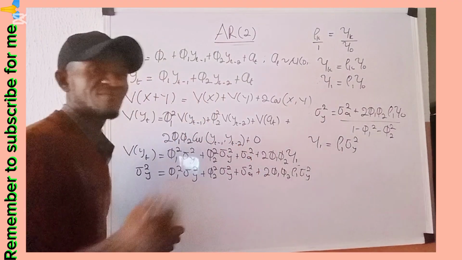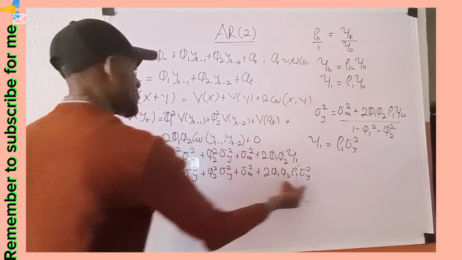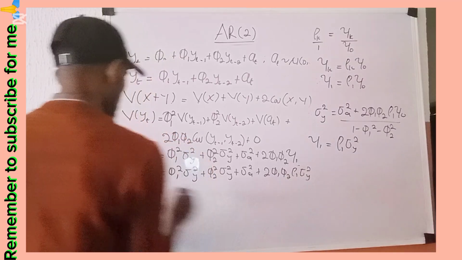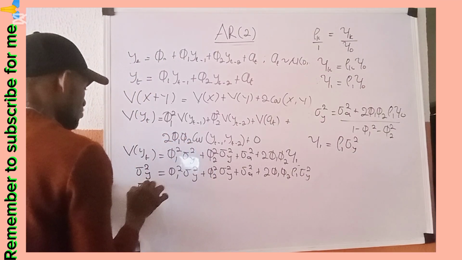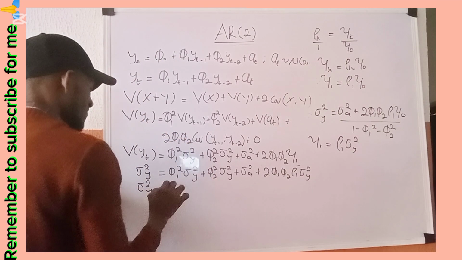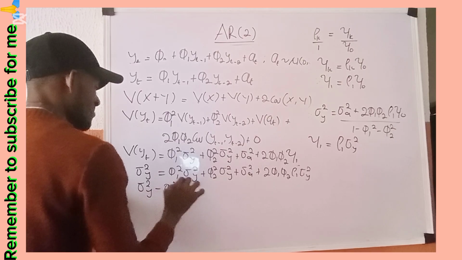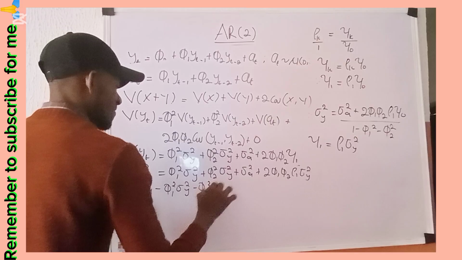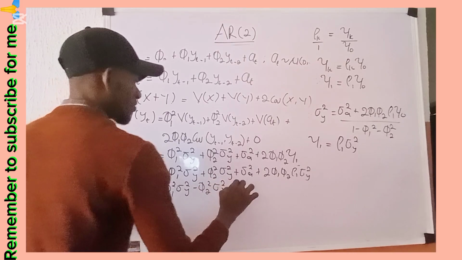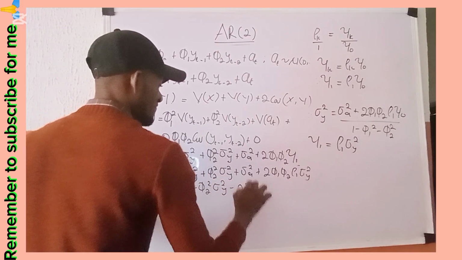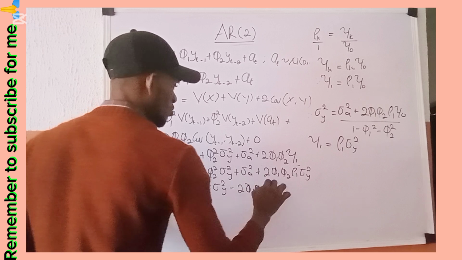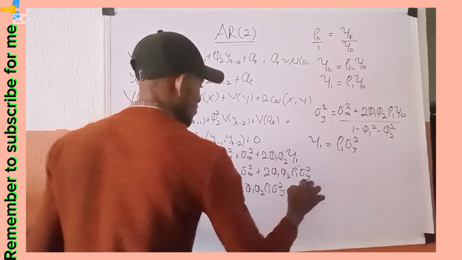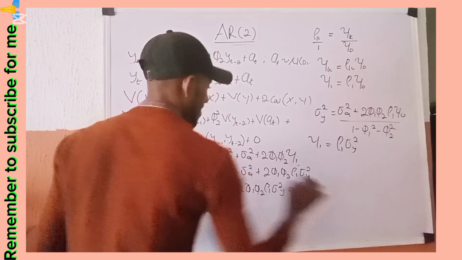So on bringing everything that contains sigma squared of y together, we have sigma squared of y minus phi 1 squared sigma squared of y minus phi 2 squared sigma squared of y minus 2 phi 1 phi 2 rho 1 sigma squared of y is equal to sigma squared of a.